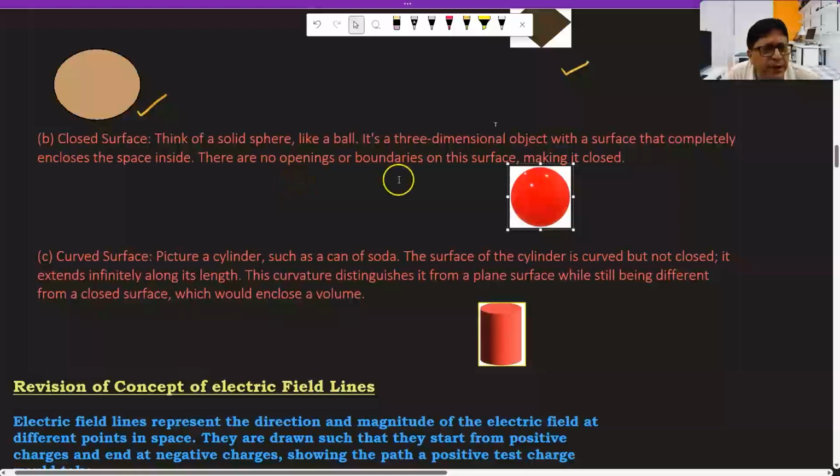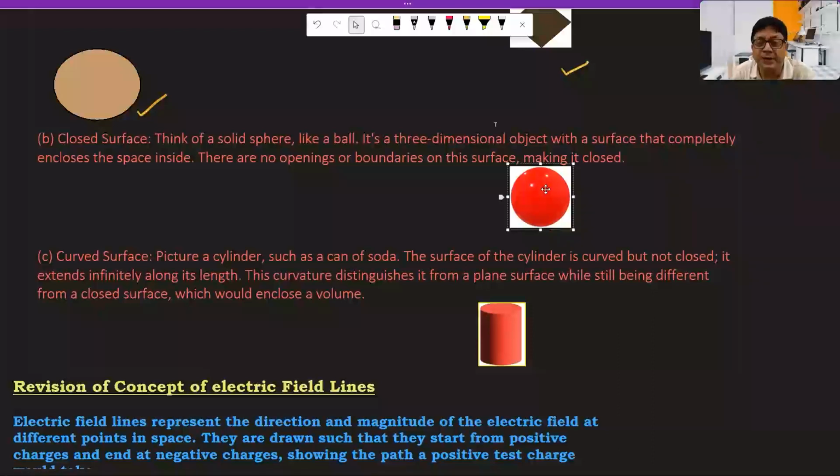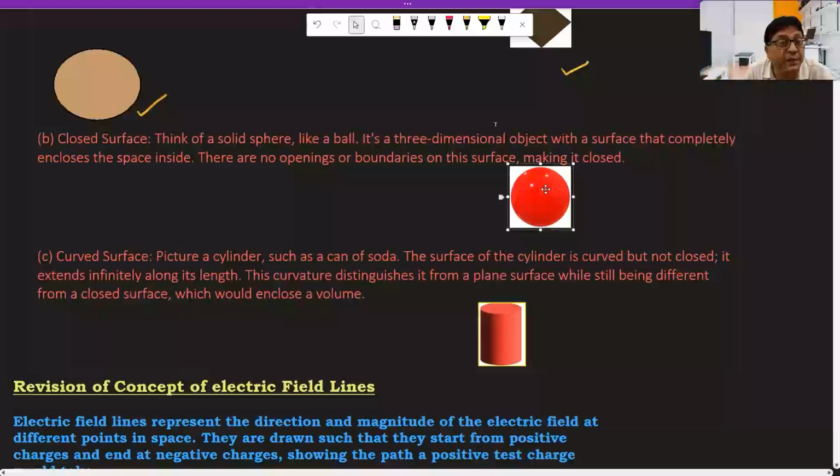There are no openings or boundaries on this surface, making it closed. So the surface of a sphere, or of an ellipsoid, when you make it solid, are known as closed surfaces.